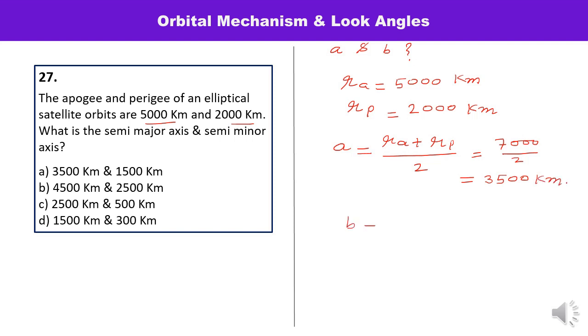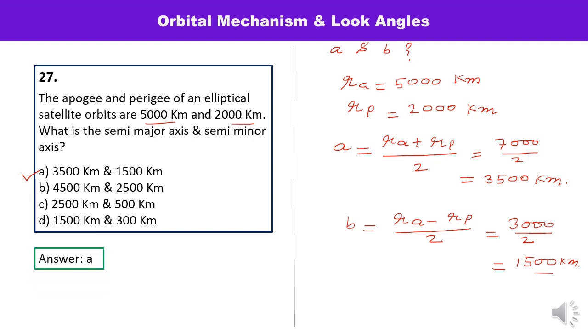And B, which is the semi-minor axis, this is RA minus RP upon 2, which is equal to 5000 minus 2000 means 3000 upon 2. So it is coming out as 1500 kilometer. Now check the correct option. Out of these four, A is the correct option, 3500 and 1500. Let us check the answer. Yes, whatever you have calculated, that is the correct one.